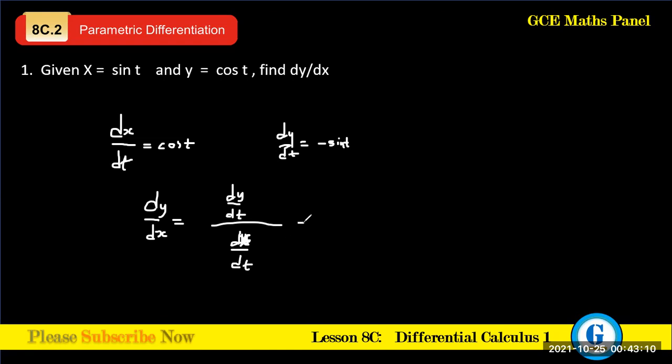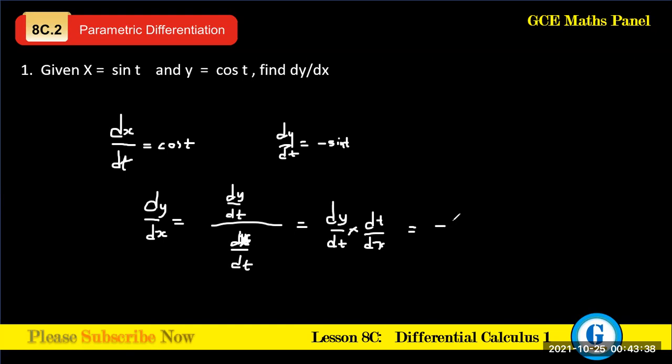This can also be written as dy on dt times dt on dx. So according to this equation, our answer is going to be equal to dy dt. What is dy dt?